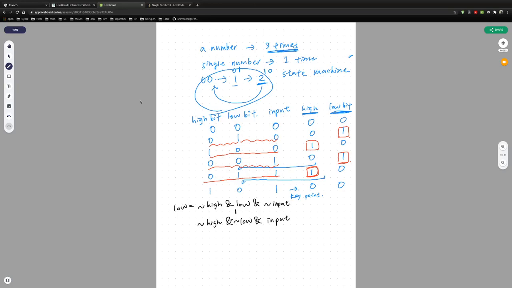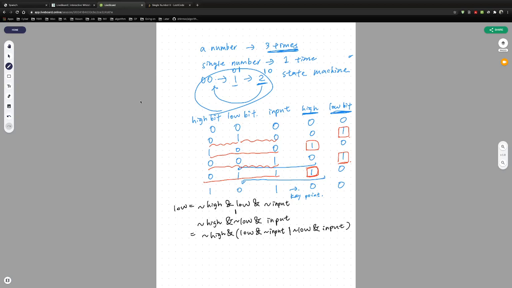If we factor out the high bit, it becomes low bit and reverse input, or reverse low bit and input.